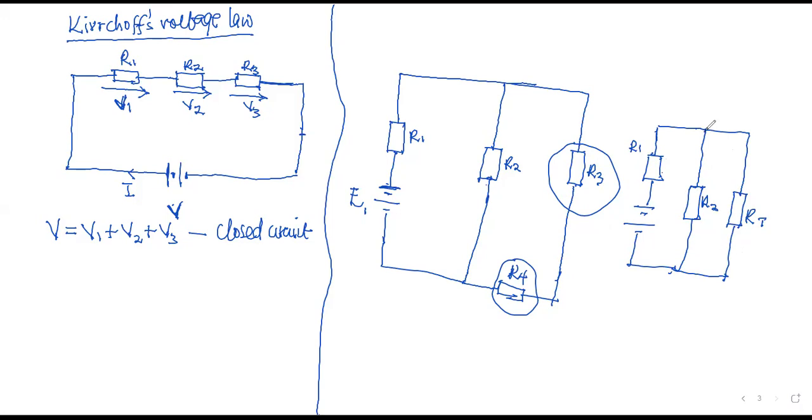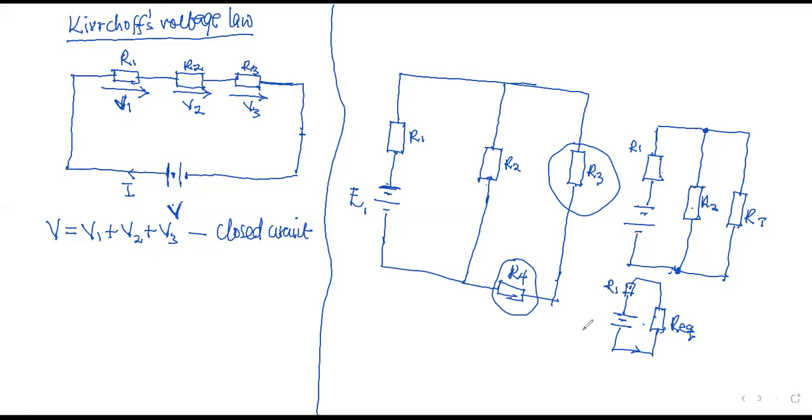Now, because there are junctions here, it's obvious R2 and RT are in parallel. We can find their equivalent resistor, and that equivalent resistor would then be in series with R1. So R equivalent, which is the combined effect of R2 and RT, will just look like this. And this will be in series with this, and we can easily look for whatever we are looking for.